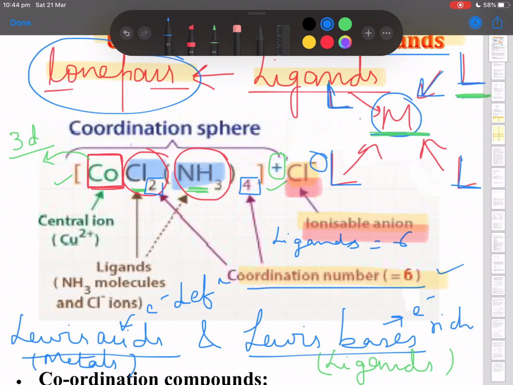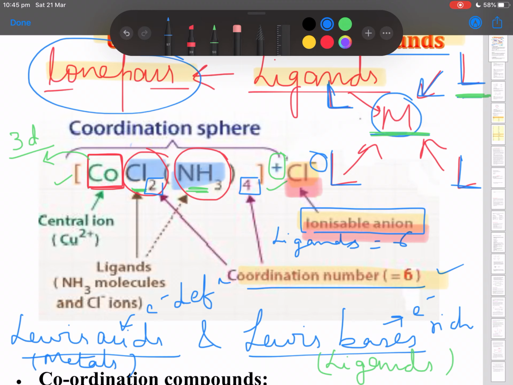That means the charge on the complex should be equal and opposite to the charge on the ion which is written outside the square bracket, that means the ionizable ion. Whatever charge this ionizable ion carries, that should be opposite to the charge on the complex. That's a very important thing to be understood over here.